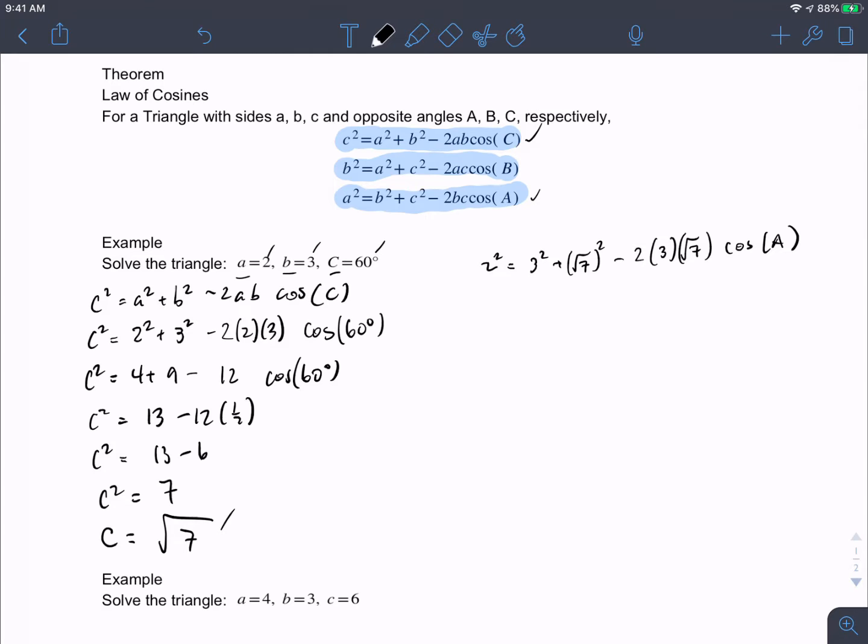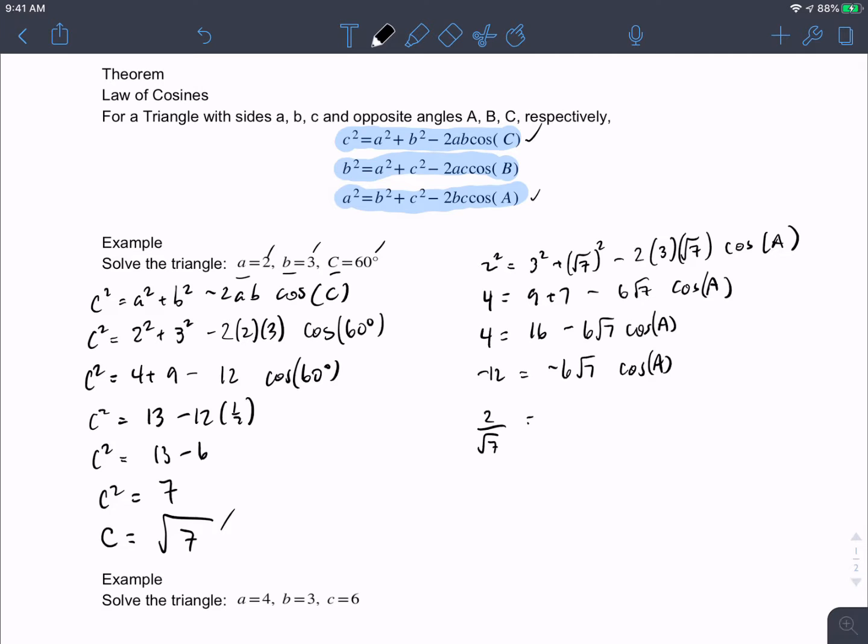So I'm going to get 4 is equal to 9 plus 7 minus 6 radical 7 cosine of A. That's 4 is equal to 16 minus 6 radical 7 cosine of A, which will give me negative 12 is equal to negative 6 square root of 7 cosine of A. And then when we divide this, we're going to get 2 over the root of 7 is equal to cosine of A.